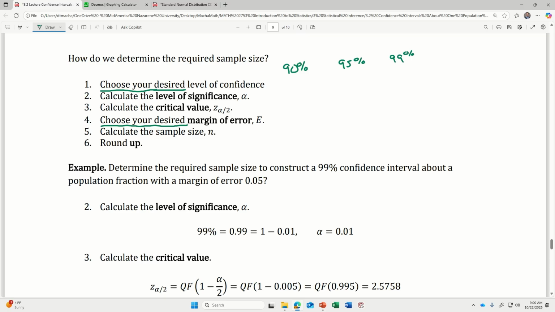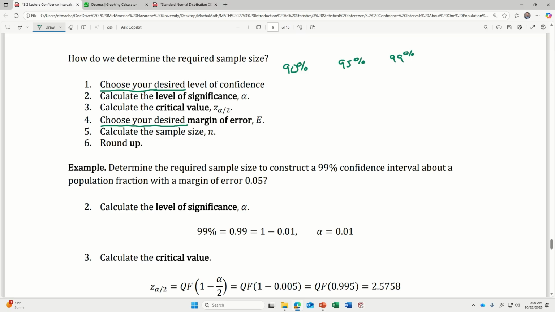Small. We want short little confidence intervals with a lot of confidence, right? And the trade-off here is that if I choose a really, really small margin of error, that means I'm going to need a much bigger sample size. If I'm okay with having a wider margin of error, then I don't need to sample as many people. And so there's a trade-off here too.